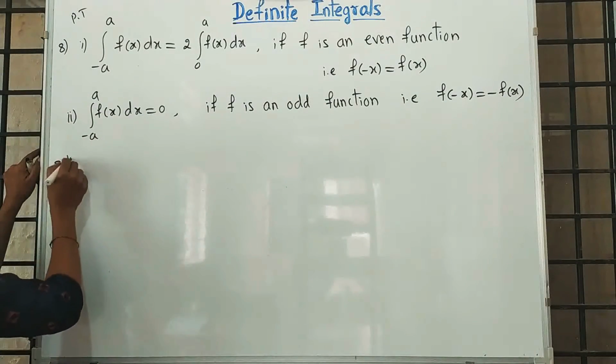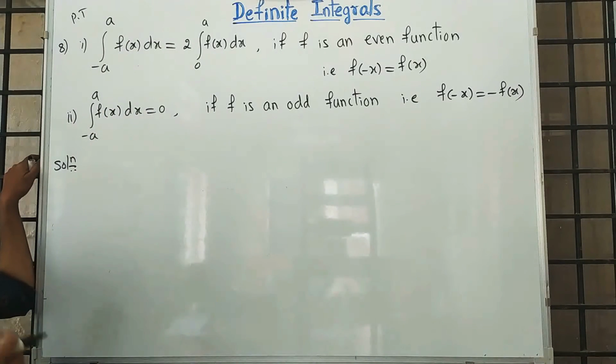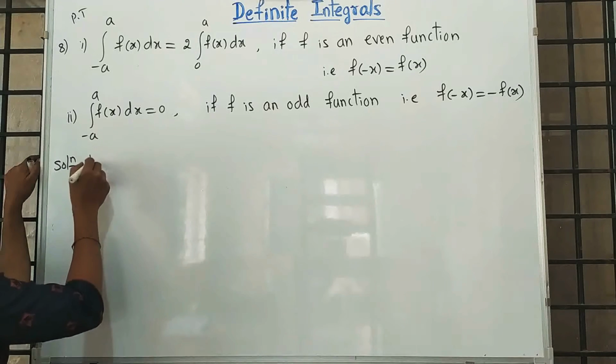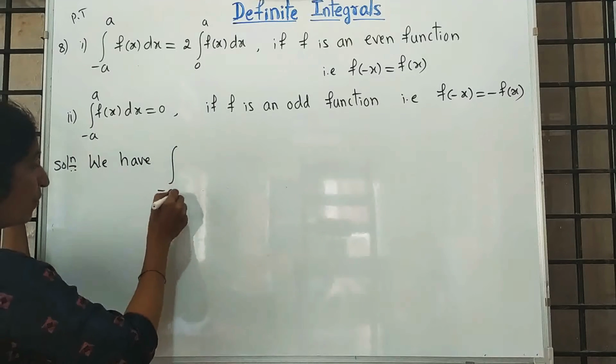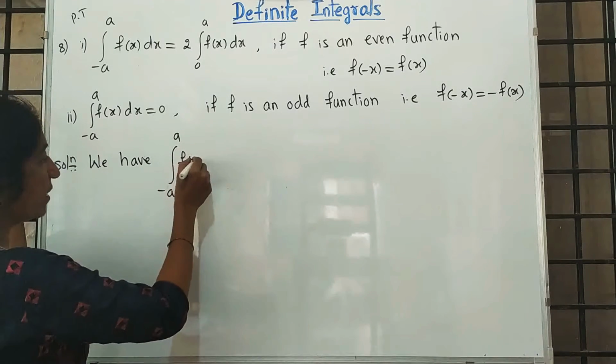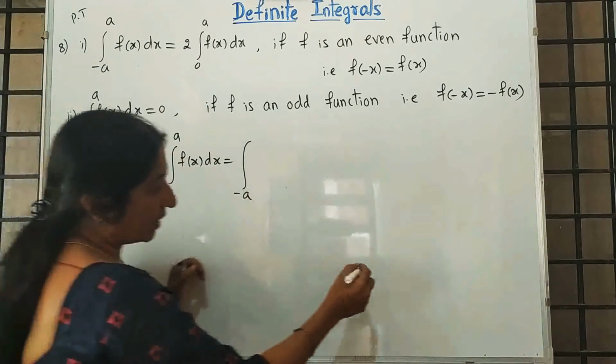Here, what is the midpoint of minus a to a? How to find the midpoint? Add the lower limit plus upper limit divided by 2. So the midpoint is 0, because minus a plus a is 0, and 0 divided by 2 is 0. We have integration from minus a to a of f of x dx. I am splitting at the midpoint. So which property?